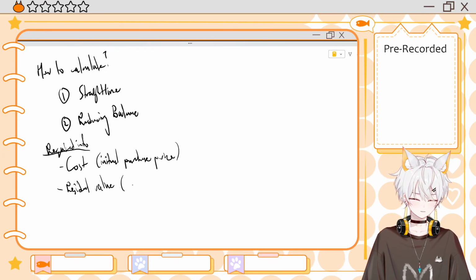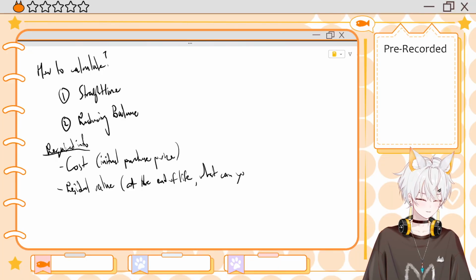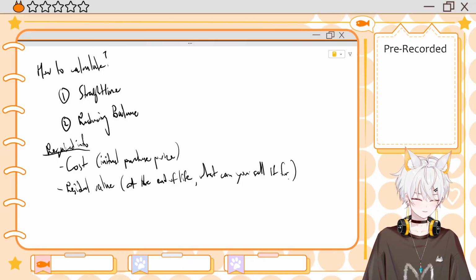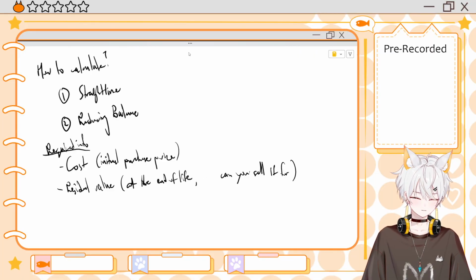So at the end of life, what can you sell it for, right? Or how much can you sell it for? Okay, instead of what. Let me change that real quick. How much can you sell it for?